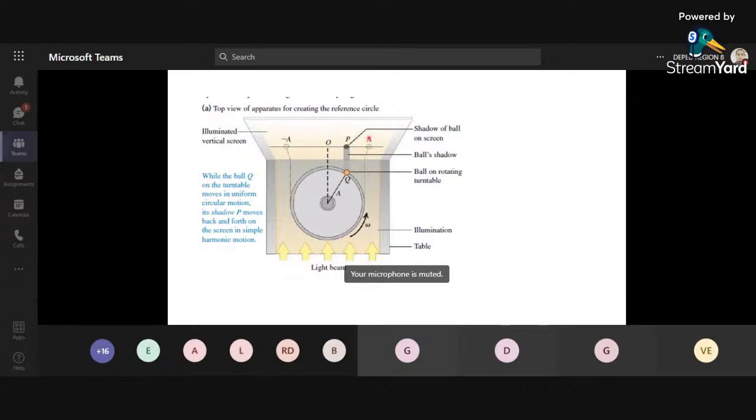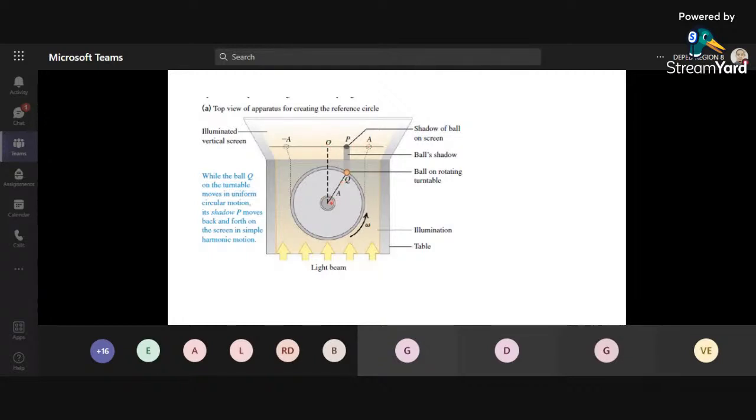Now, what is this A here in the shadow? It is different from the A here, which is the radius of the circle, but they are of the same measurement.